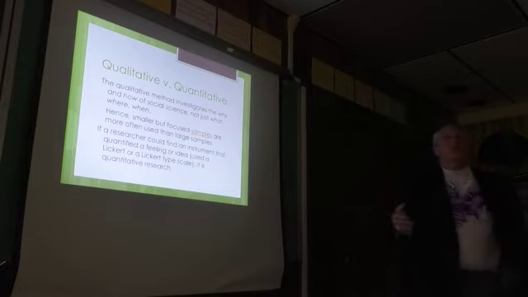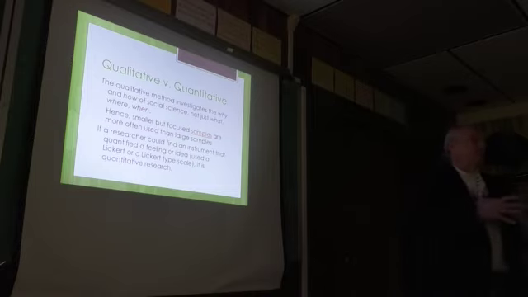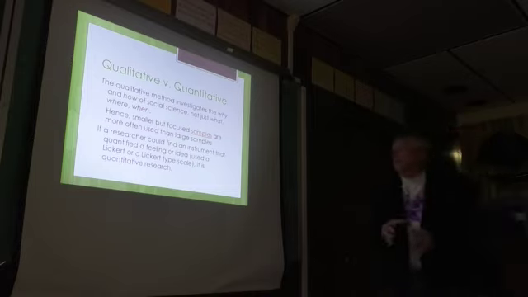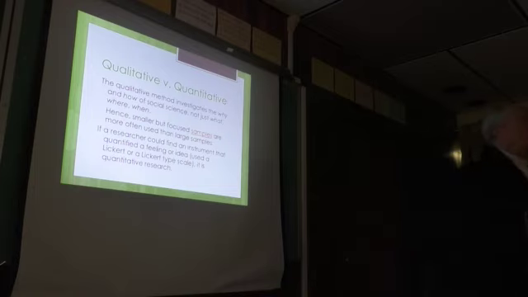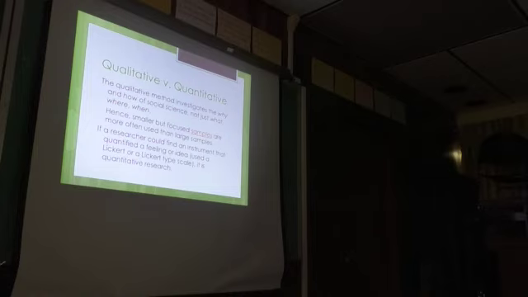You can only interview a certain number of people, so your sample is much, much smaller. Quantitative, of course, you're putting numbers to things, you're doing surveys, so you can usually do it with a lot more people. All of the research that you're going to be looking at in the social psychology website is quantitative.